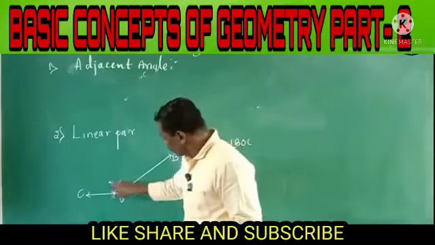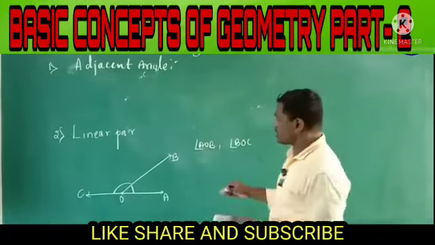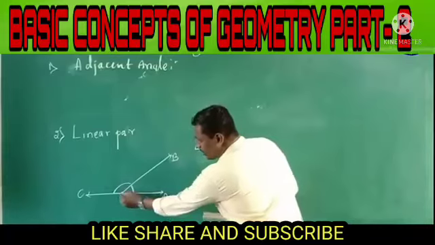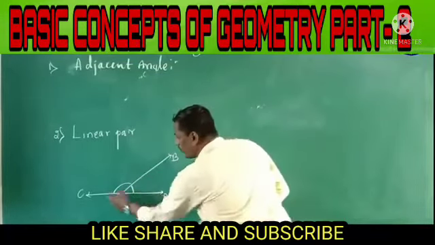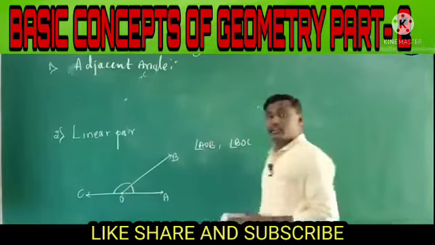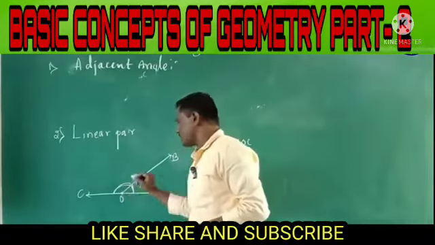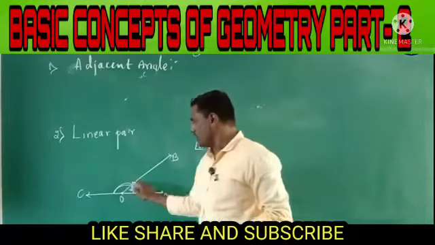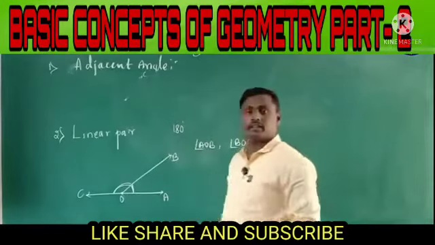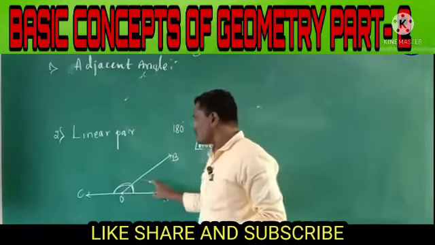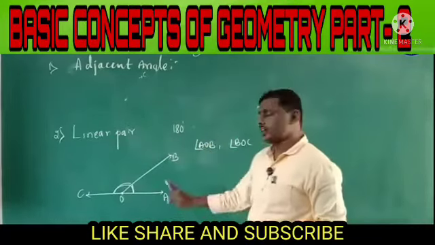So these two are adjacent angles, no? Why? Because they have a common vertex, they have a common arm, and the other two arms of the two angles are in different directions. So if the sum of two adjacent angles is equal to 180 degrees, then these two angles are called a linear pair.